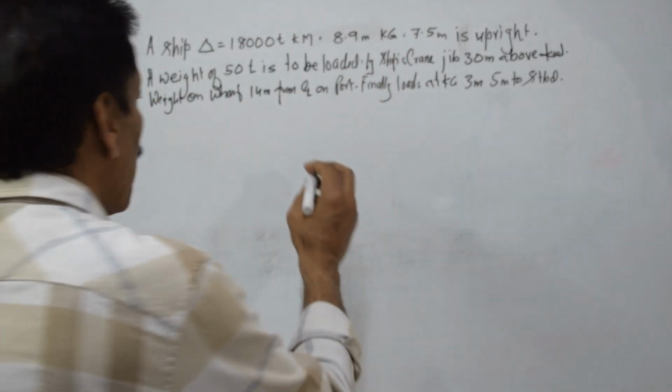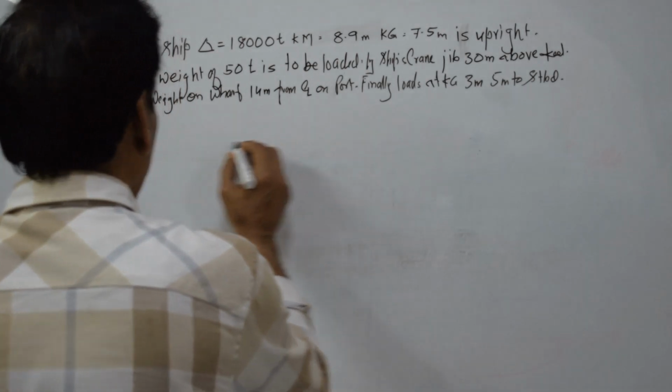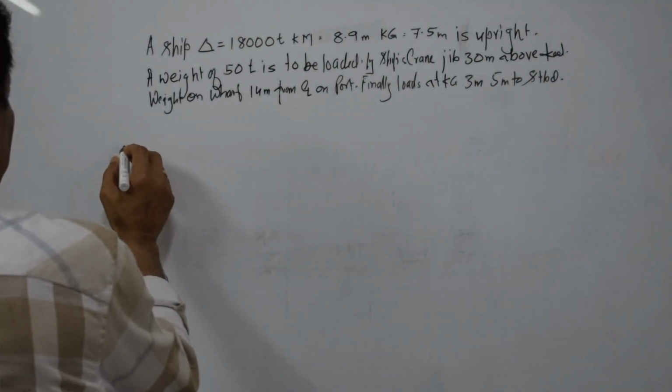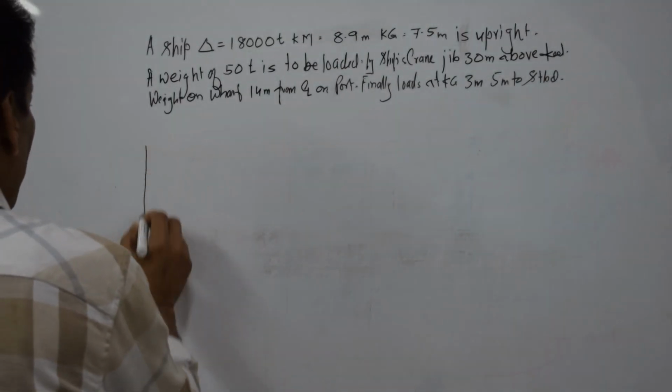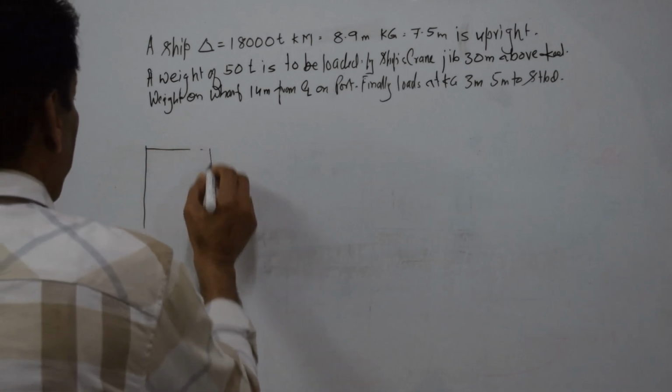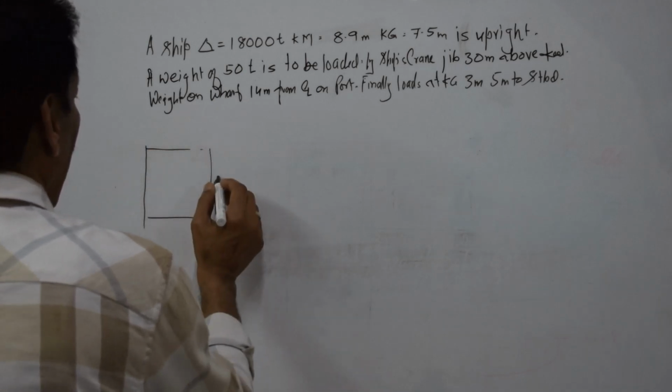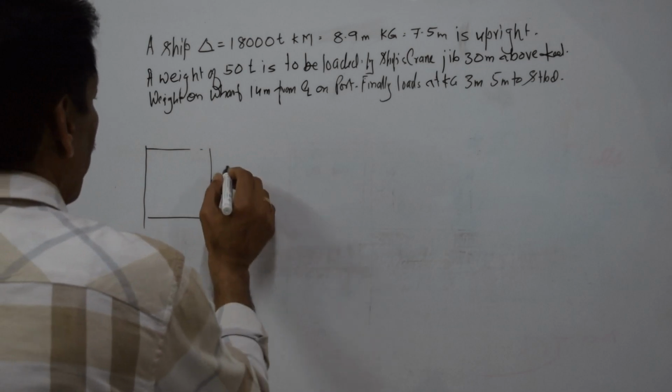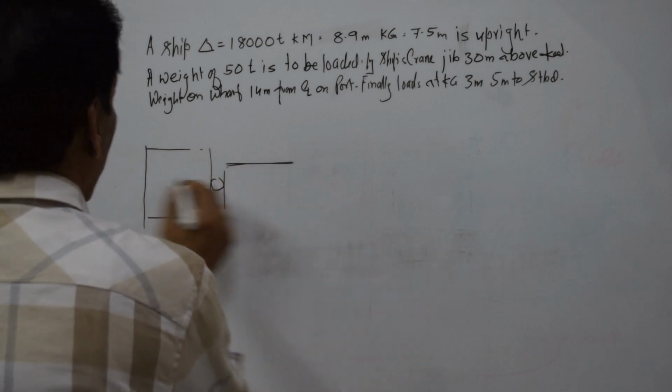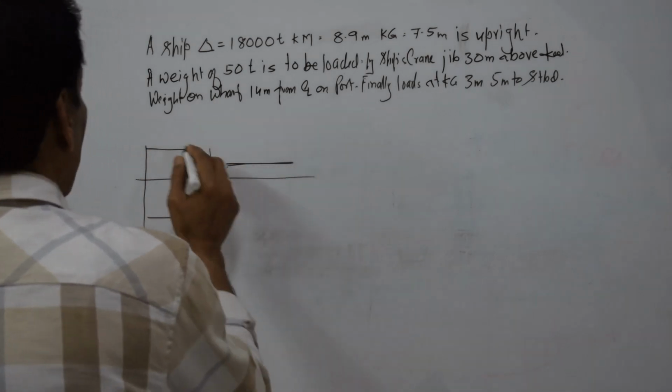So let us draw this picture. Let us say you have a ship over here and here is a wharf, and maybe this is the water level.